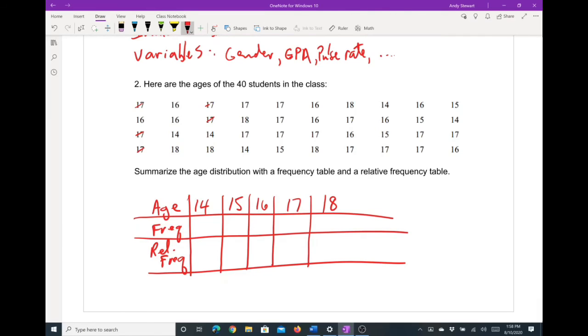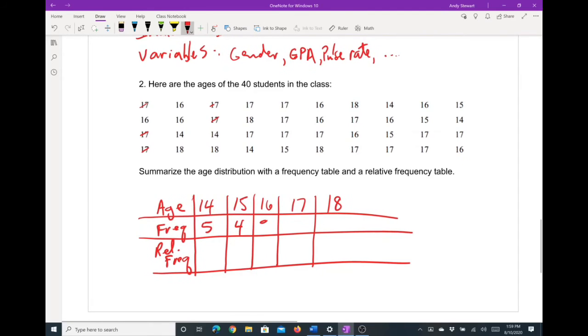Now, by going one at a time, 17, 17, 17, 17, 17, and counting up each of the ages, you will find that there are 5 14-year-olds, 4 15-year-olds, 9 16-year-olds, a staggering 17 17-year-olds, and 5 18-year-olds.